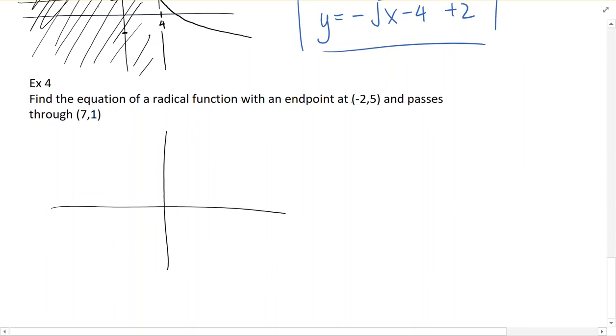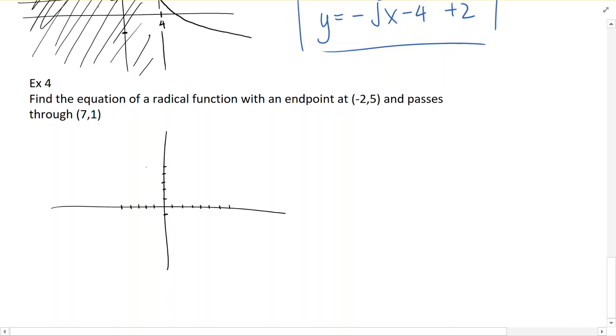So the endpoint is (-2, 5). It's -2, then 1, 2, 3, 4, 5. And then (7, 1), so 1, 2, 3, 4, 5, 6, 7, and 1.